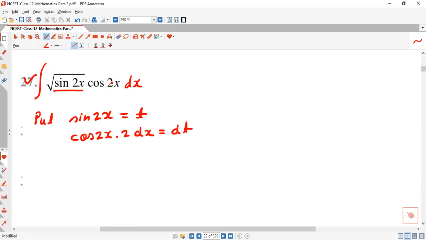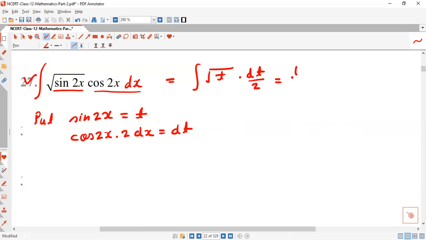So now this integration becomes what? If we put sine 2x equal to t and cos 2x dx equal to dt by 2, this integration becomes square root t, and cos 2x dx becomes dt by 2.